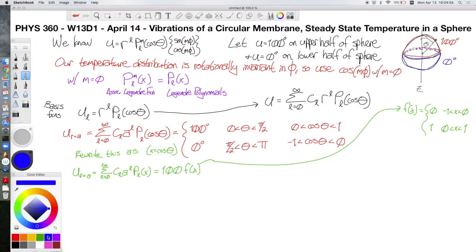And now what we're going to do here is expand this function, f of x, in a series of Legendre polynomials. You can look at Chapter 12, Section 9 if you want more detail, or you can think back to some of the problems we did about writing polynomials in terms of Legendre polynomials. That won't work for this particular problem because we're not modeling a polynomial, we're modeling a piecewise function, but it's a similar idea.